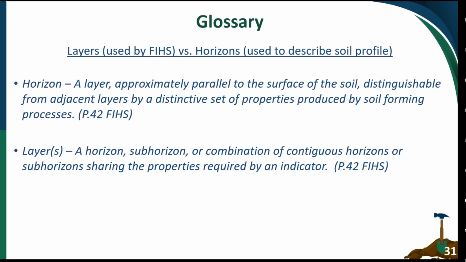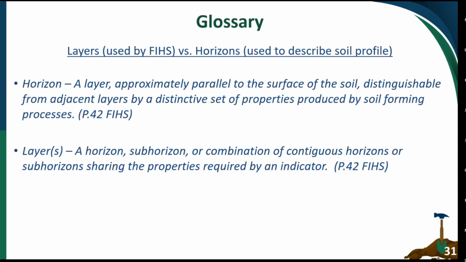So the way I like to think about this is first, I want to know what are the horizons, the A, the E, the B, the C, whatever it might be. That helps me to understand the big picture of the soil forming processes and the distinctive properties of those horizons. And this is important because there can be different indicator requirements based on the soil horizon.